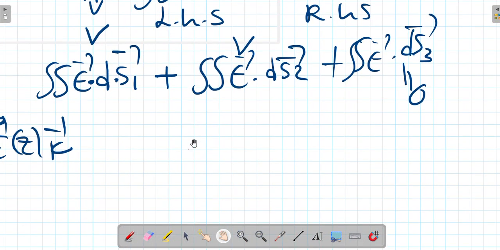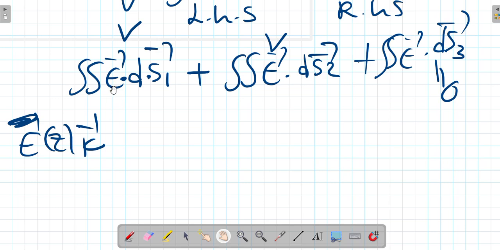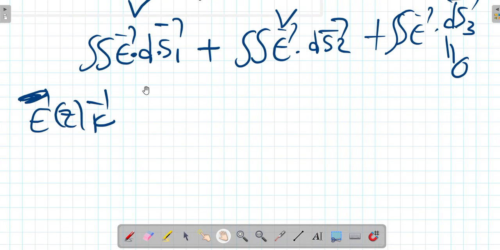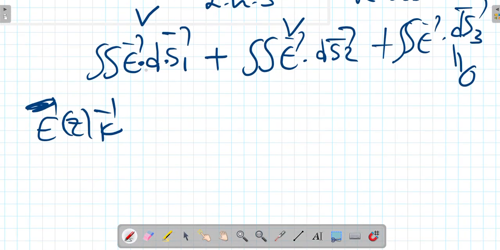Now, whenever you do E dot dS, the dot product converts two vectors into a scalar. That is, you will no longer have a vector.